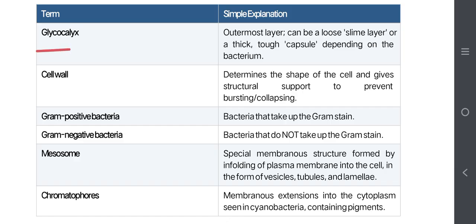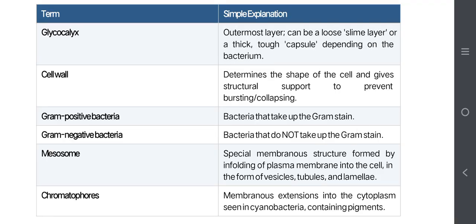It can be a loose slime layer or a thick, tight capsule, depending on the bacteria.